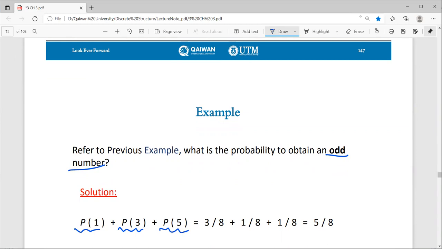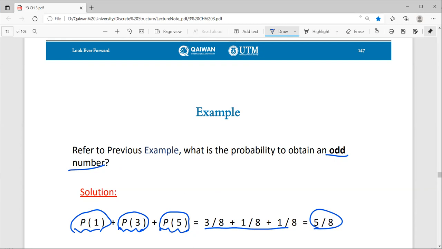That's either 1, 3, or 5. Probability 1 is 3 over 8. Probability 3 is 1 over 8. Probability 5 is 1 over 8. It equals 5 over 8.